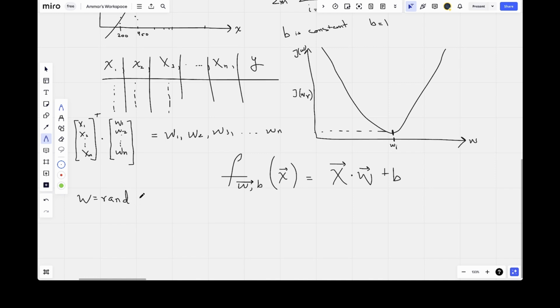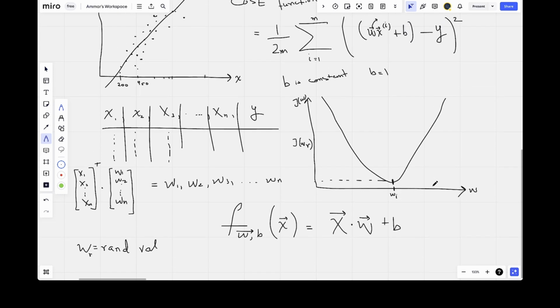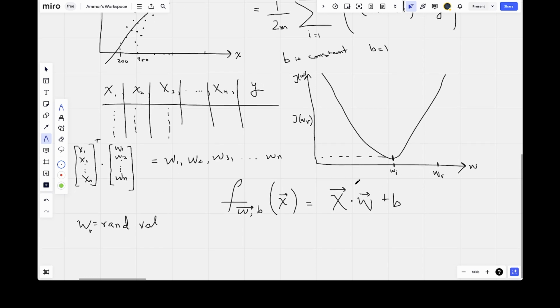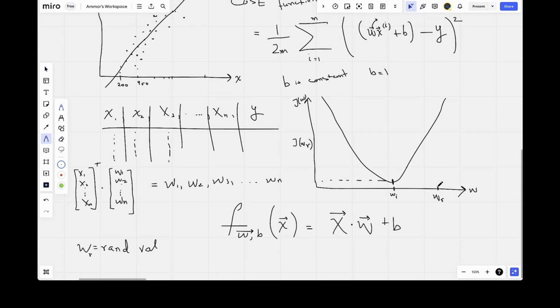Let's call it wr. So this is an initial w, and let's say it happens to be right here. It's a small value, randomly initialized, and let's say its cost is right here. This is j of wr.